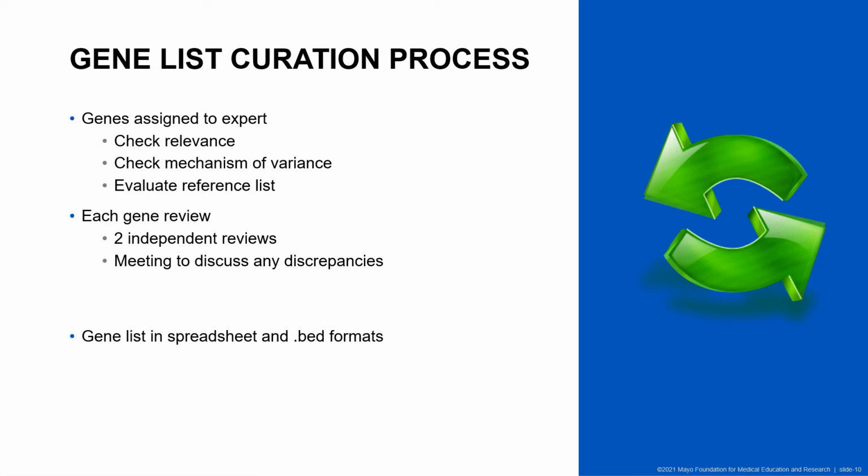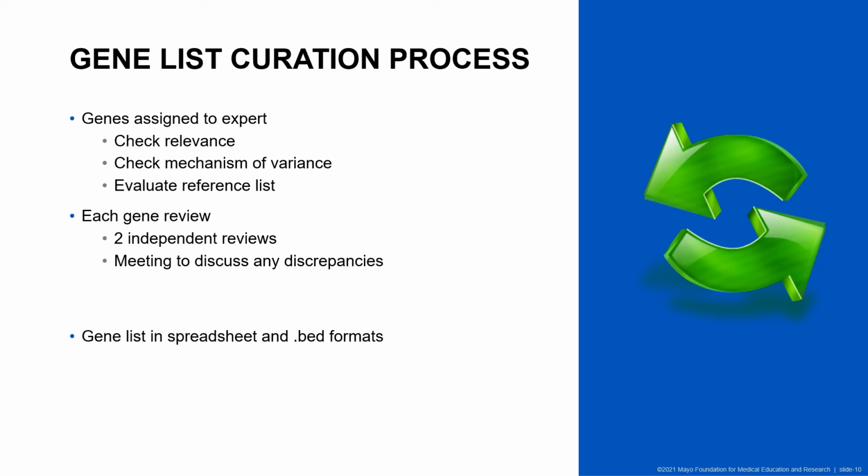Each gene is reviewed by at least 2 independent reviewers, and there are meetings for the working groups to discuss any discrepancies between reviewers and to come to a consensus. Gene lists are currently in spreadsheet format and bed file format. Bed file format is useful for incorporation into analysis software and genome browsers.